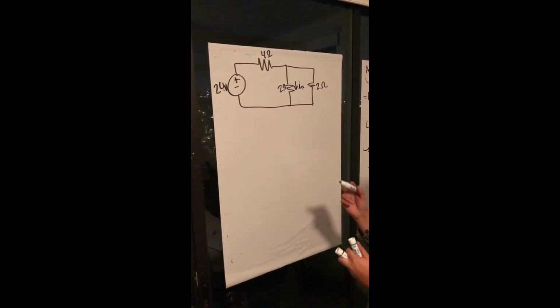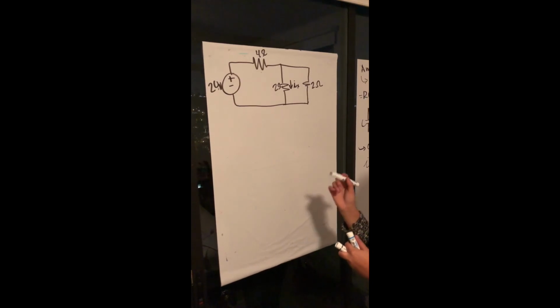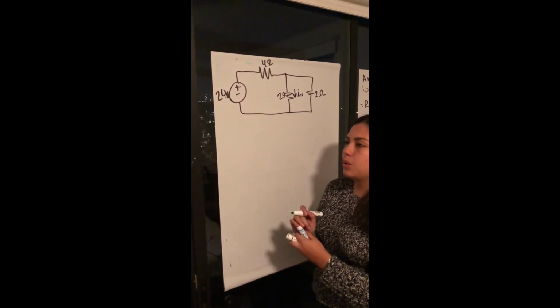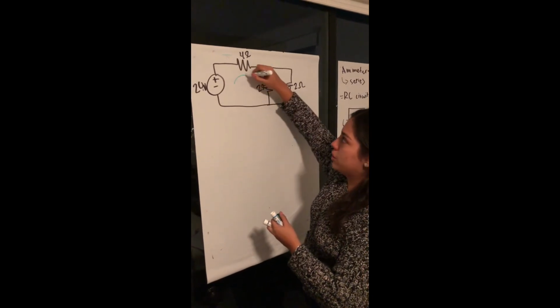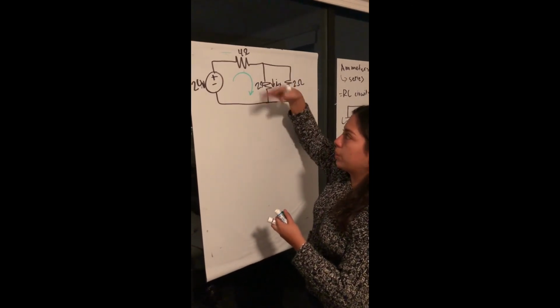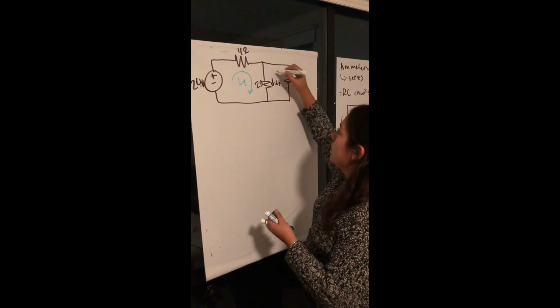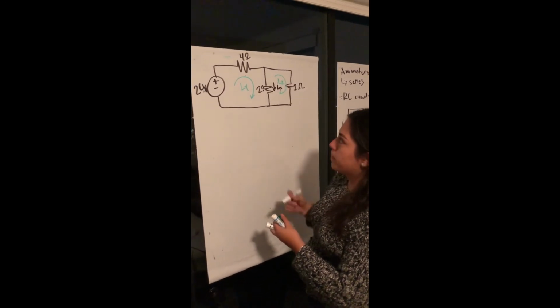I know that I have to do Kirchhoff's laws, but what is easier to do is a mesh analysis, and I'm gonna teach you how to do it. You just mark your loop 1, your mesh 1, and your mesh 2.